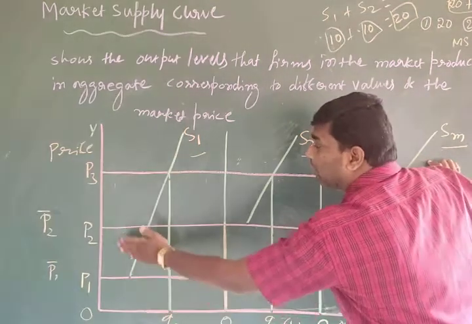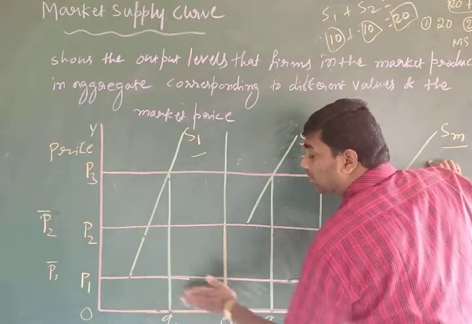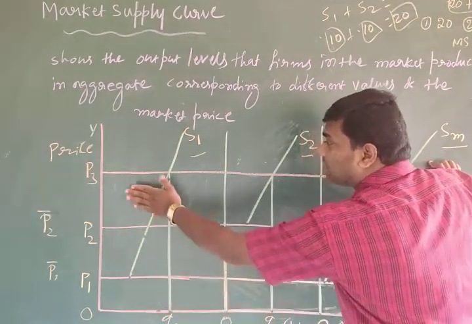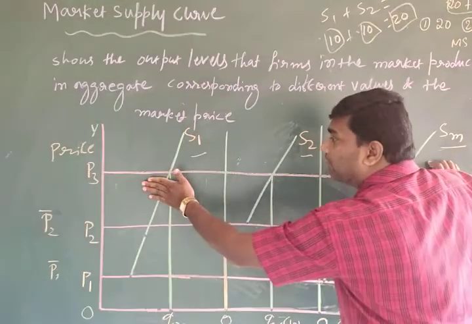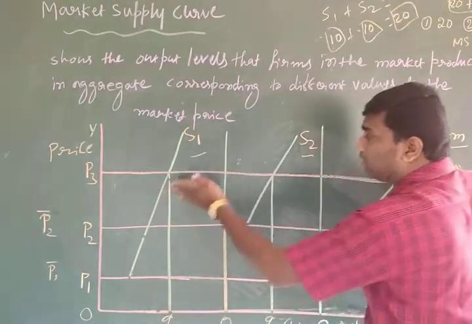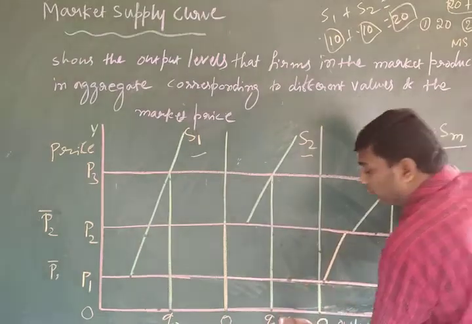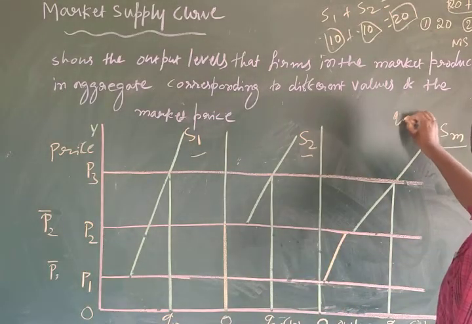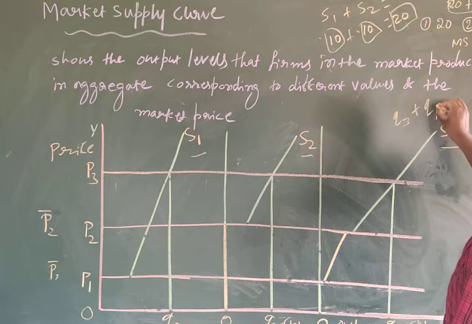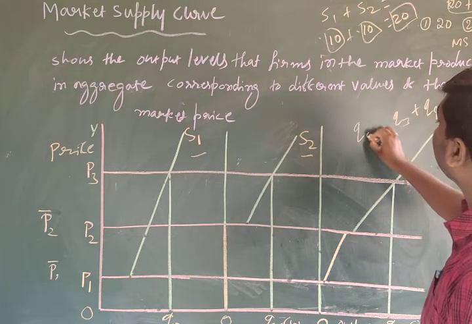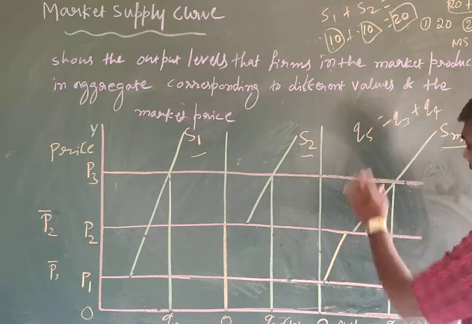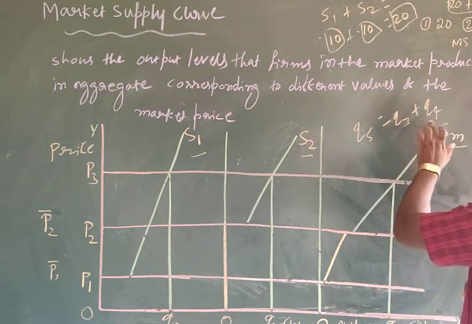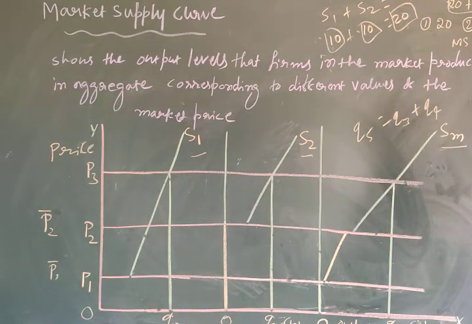Below P1 and below P2, firm 1 and firm 2 do not produce anything. At the price P3, firm 1 is producing Q3 quantity and firm 2 is producing Q4 quantity. That's why we get the quantity Q5, that is Q3 plus Q4. Adding these only, we can get the SM curve.